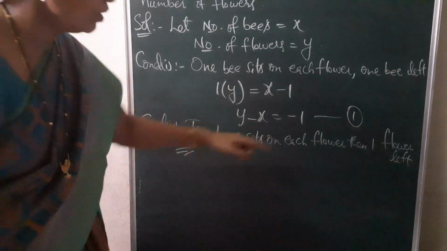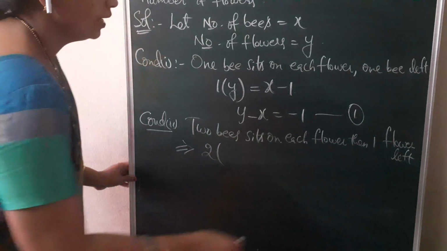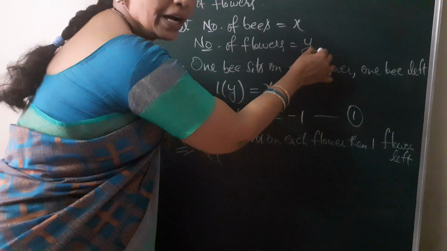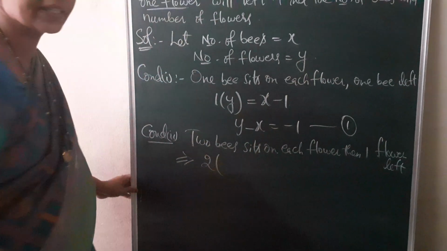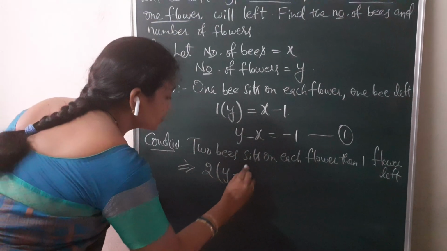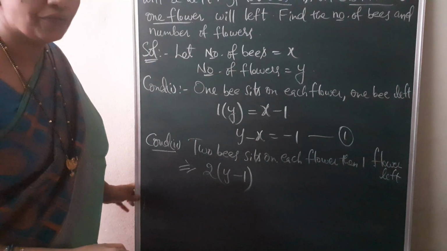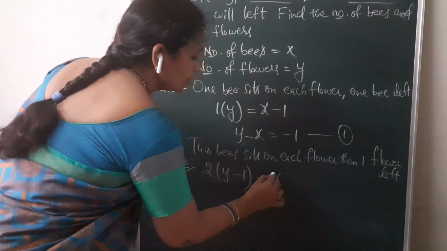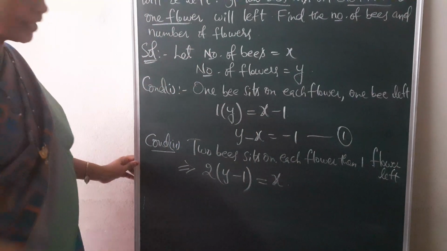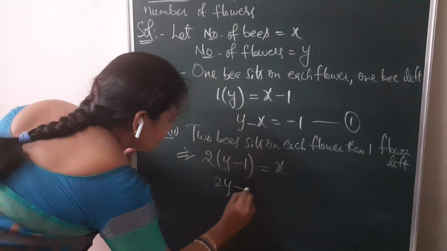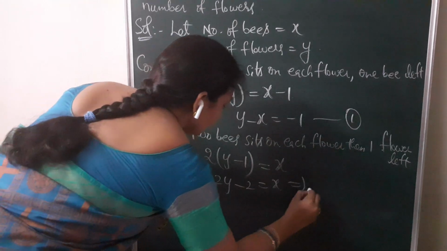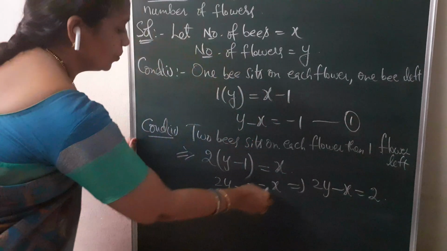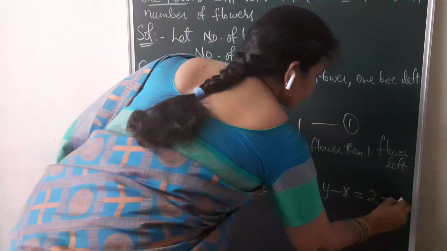Two bees are sitting on how many flowers? One flower is left over, so y minus 1 flowers. So 2 of y minus 1 we have to write is equal to the number of bees, which is x. So 2y minus 2 is equal to x, which implies 2y minus x is equal to plus 2.